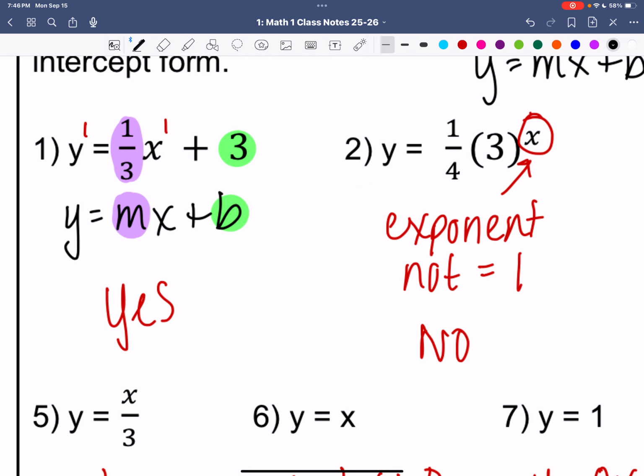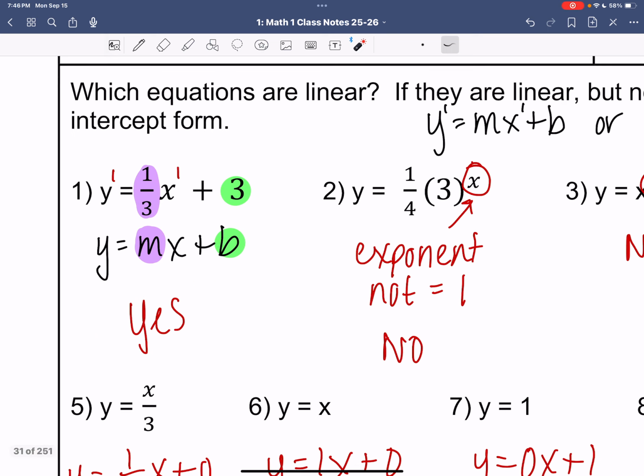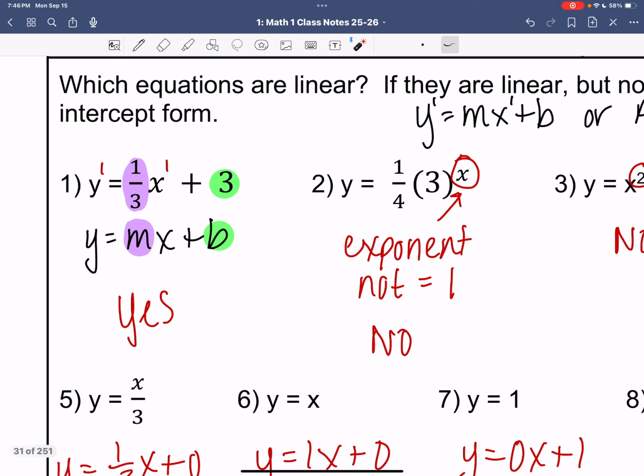So let's look here. Can you write it into y equals mx plus b? Yeah, it's already in y equals mx plus b right here. So we said, yes, it's linear. For number 2, you've got y equals 1/4 times 3 to the x power. Well, you can't have an exponent of x because your exponent has to equal 1.